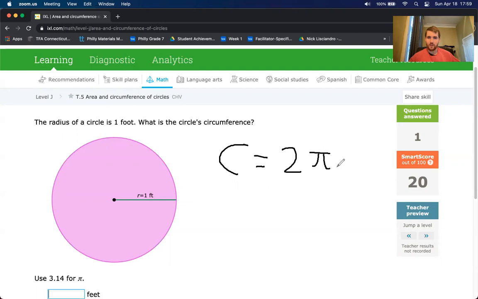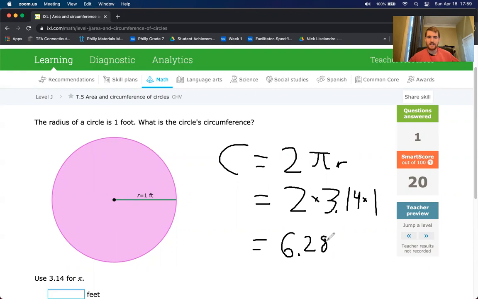Same thing as before. First thing we want to do is substitute in the numbers we know. 2, already a number, nice and easy, times pi, 3.14, as always. And finally, times the radius, which is just 1 foot. There's no exponents here, so we can just do all of the multiplication together. 2 times 3.14 times 1, that is going to be equal to 6.28.